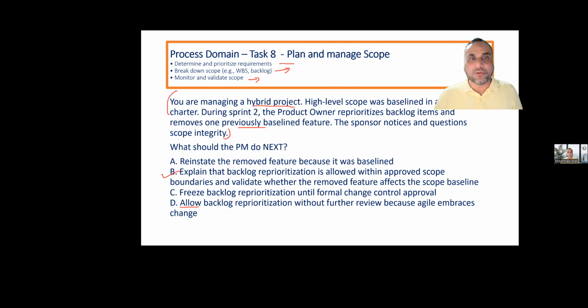Explain that backlog reprioritization is allowed within approved scope and validate whether the removed feature affects the scope baseline before even going through those processes. Then the second step that you can go with: if it is happening again and again, you can use the force technique, the conflict management technique. So you can freeze it, or if the sponsor is consistent, then yes, you can bring it back. But please read the question carefully. So the correct answer is B.